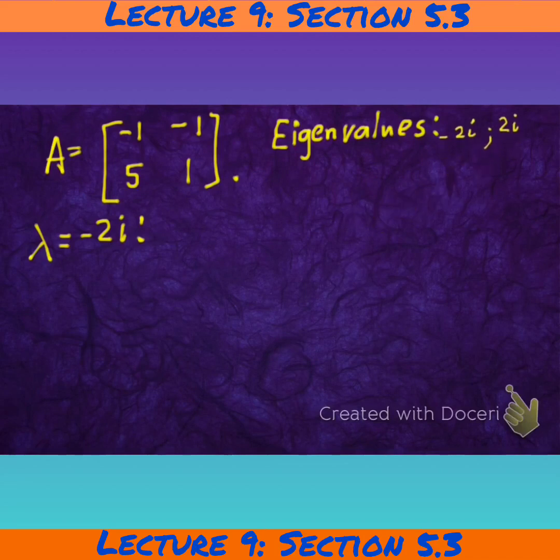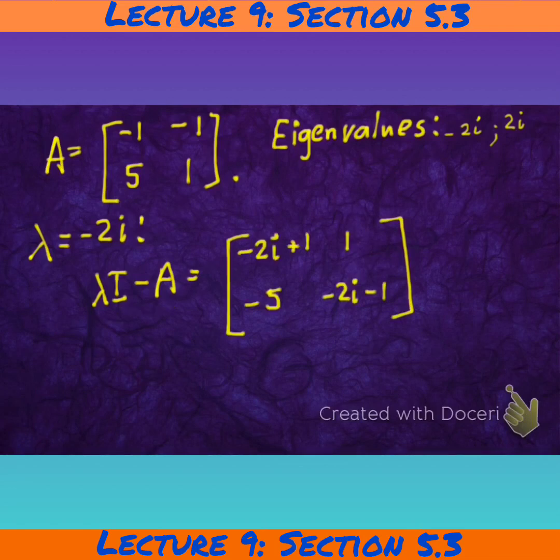And now what we need to do is find the eigenvectors that correspond to the number minus 2i. Now that's not a difficult thing to do. We do that by finding this matrix for the value minus 2i. So that becomes that matrix, and again we look at the null space of that matrix.